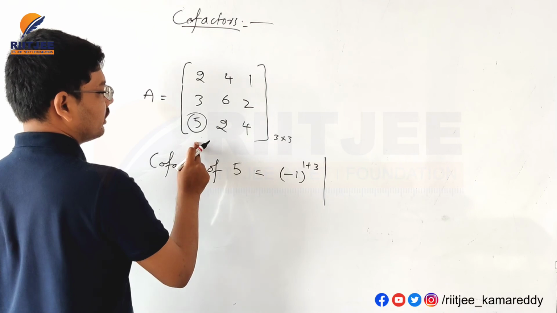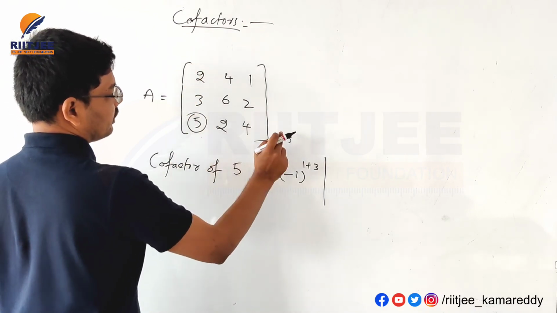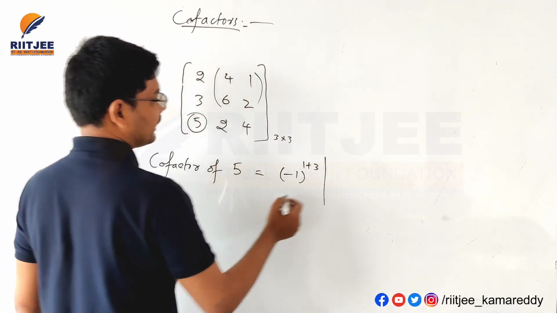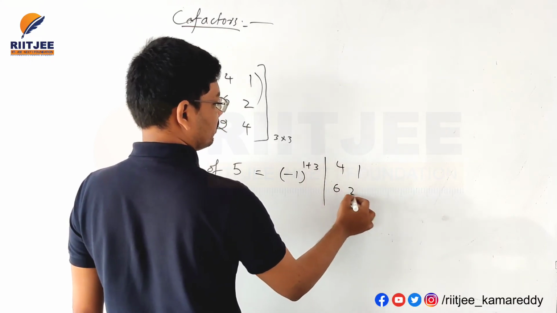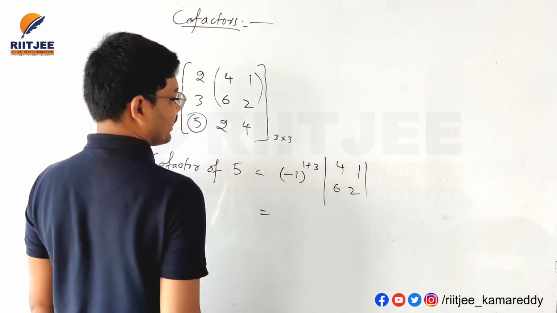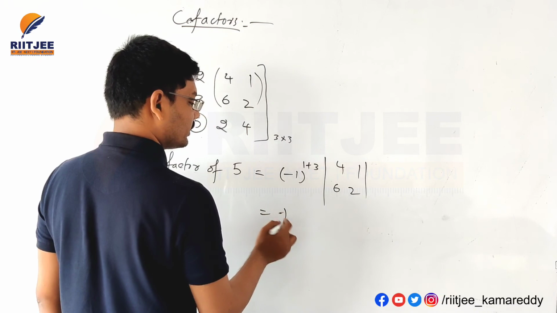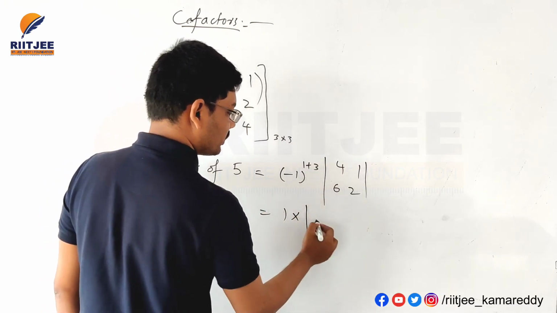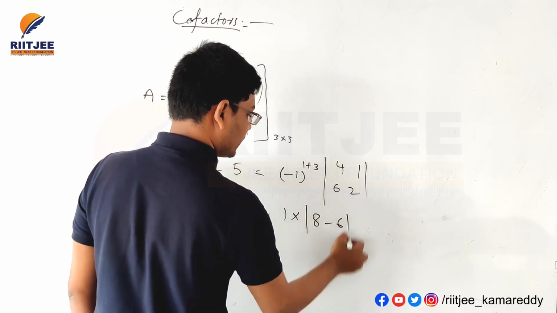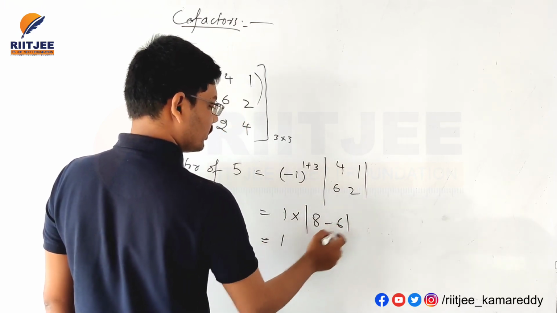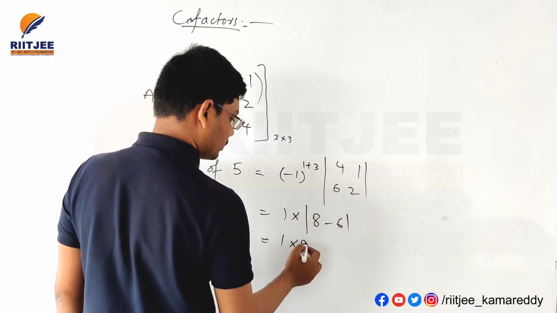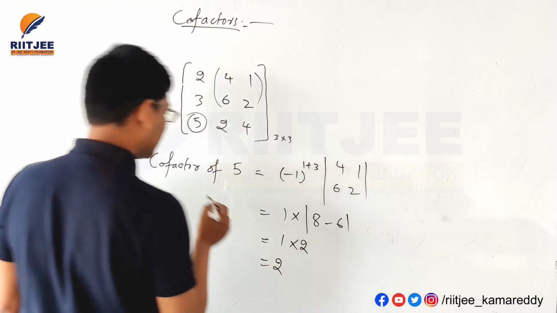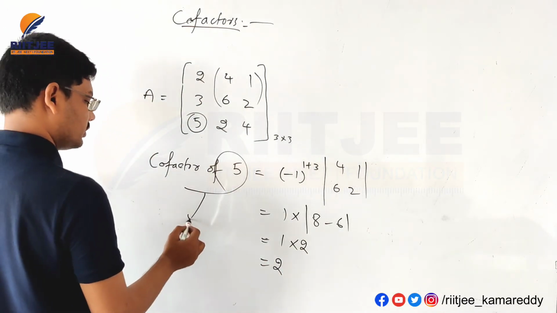I am eliminating this row and this column. This is the matrix 4, 1, 6, 2. So minus 1 whole to the power of 4 is equal to 1 only, since the power is even. So 1 into 4 times 2 is 8, minus 6 times 1 is 6, so 8 minus 6 is 2. 1 into 2 is 2. So the cofactor of 5 is 2.